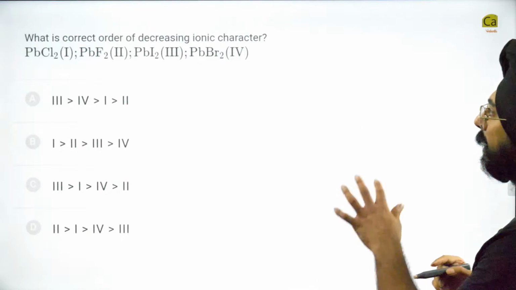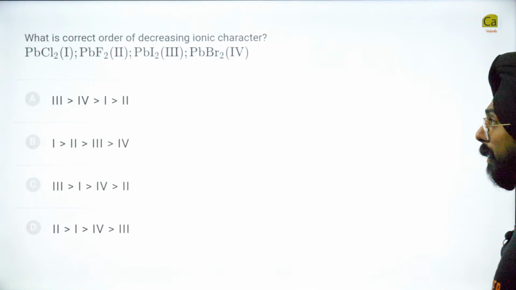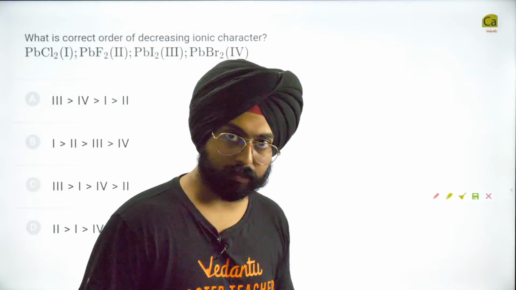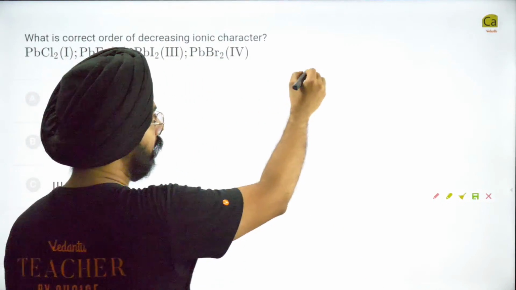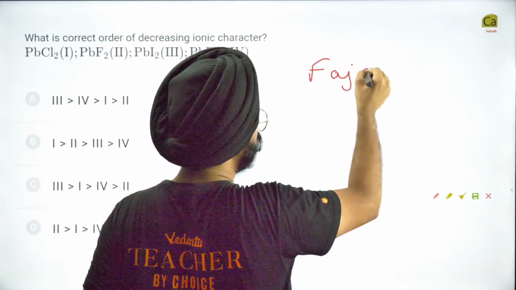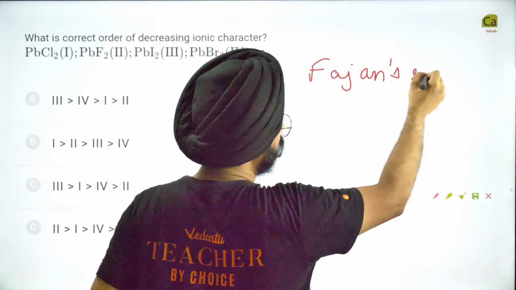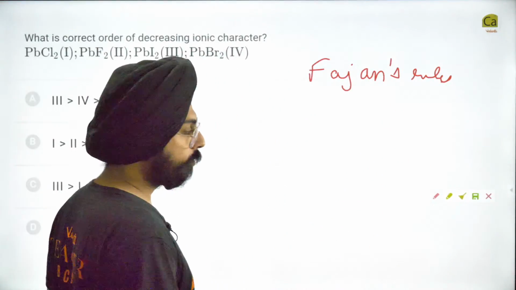Chalo. What is the correct order of decreasing ionic character? My dear friends, this is a very simple question from Fajan's rules, which a lot of people call Pajan rules. What do Fajan's rules state?